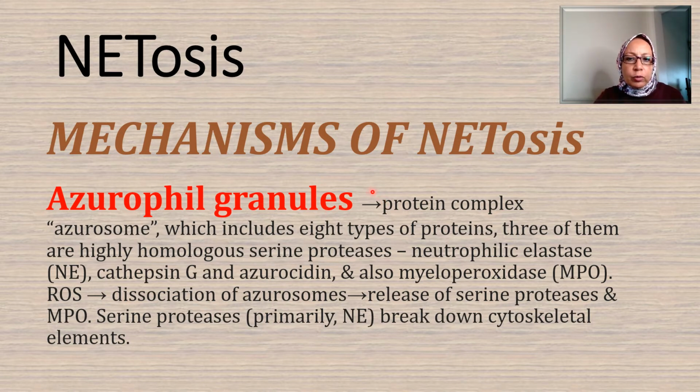These azurophilic granules contain a protein complex called azurosome. This azurosome includes 8 types of proteins. 3 of them are highly homologous serine proteases that include neutrophil elastase, cathepsin G, and azurocidin. And also these granules contain myeloperoxidase.